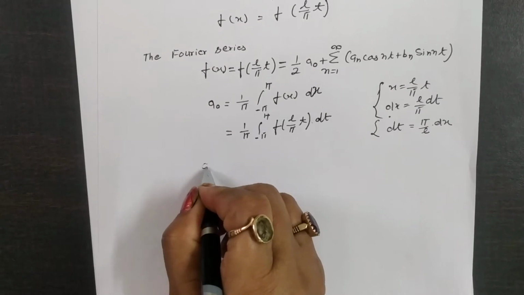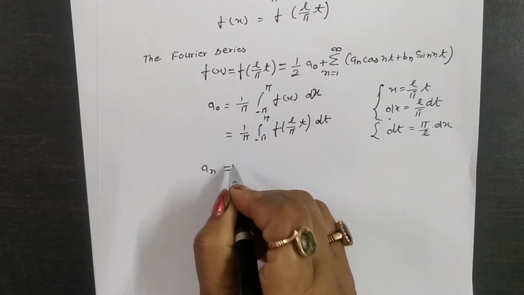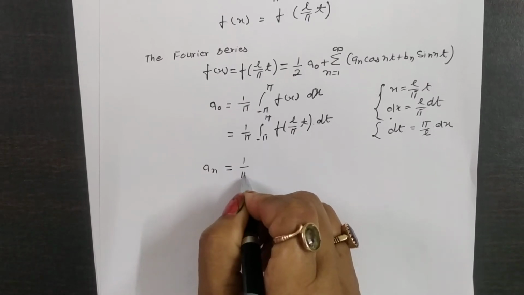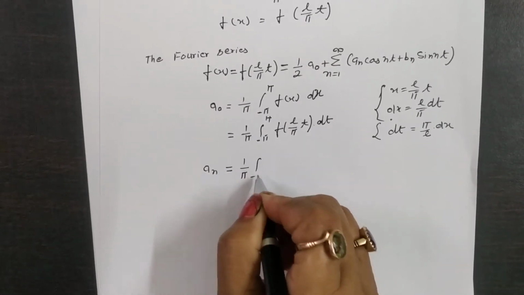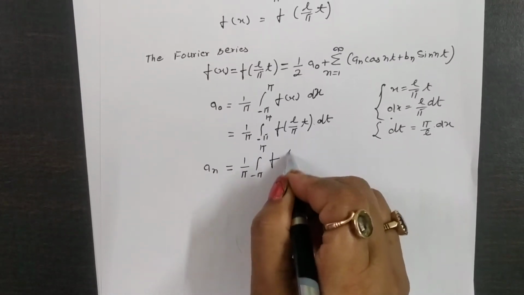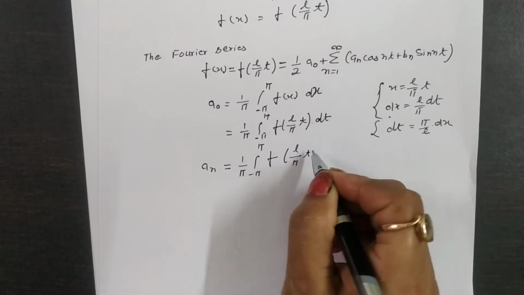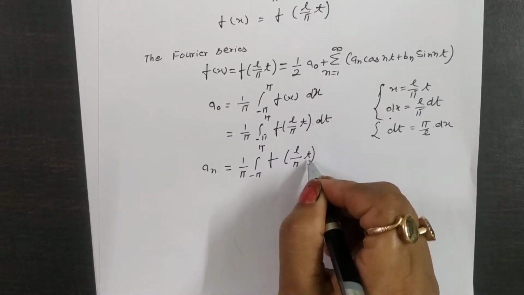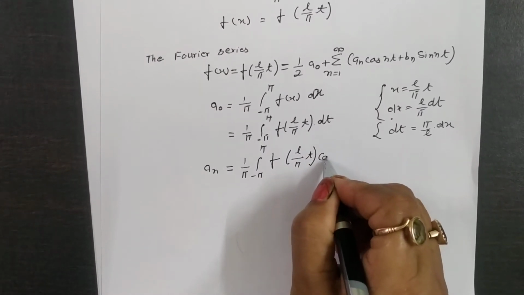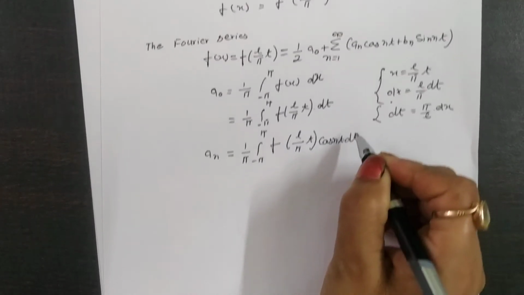Similarly an is defined as 1 by pi, integral from minus pi to pi of f of L by pi t, this is the function, and for an the coefficient is cos nt dt.